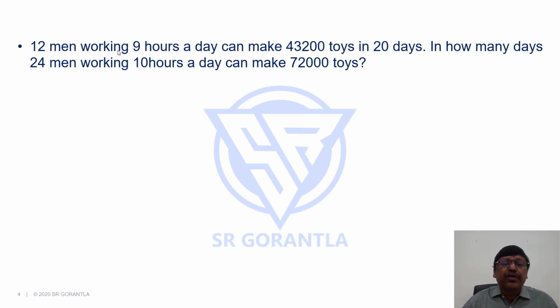Now, 12 men working 9 hours a day can make 43,200 toys in 20 days. In how many days can 24 men working 10 hours a day make 72,000 toys? Now, the formula is M1 D1 H1 by W1 equals M2 D2 H2 by W2.